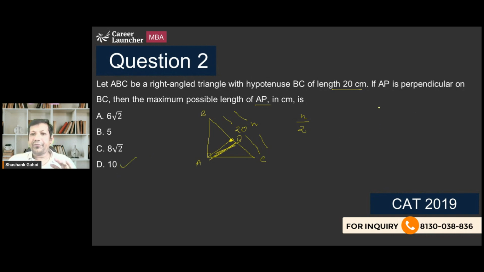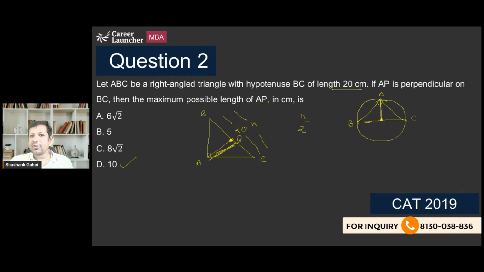And if you are a little comfortable with the circle, then this can be proven by the circle. Let's draw this as BC. This is your right angle triangle, and BC is going to be the diameter, because a diameter always subtends an angle of 90 degrees. This is point A. So what is the highest possible length of this?